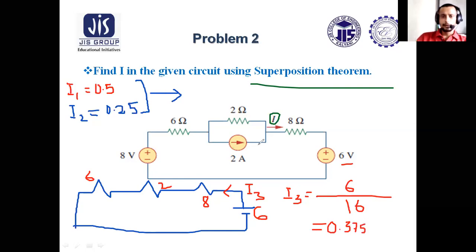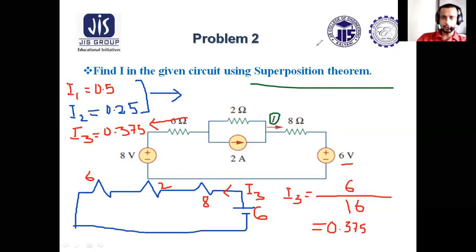Okay, so I3 is flowing from right to left.